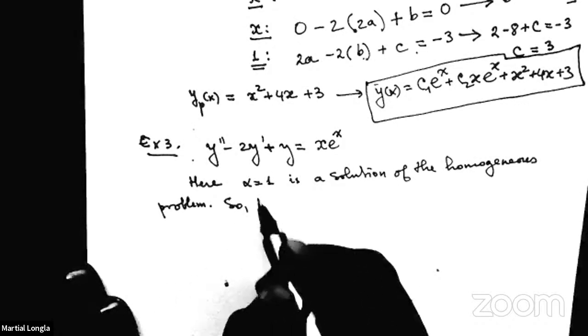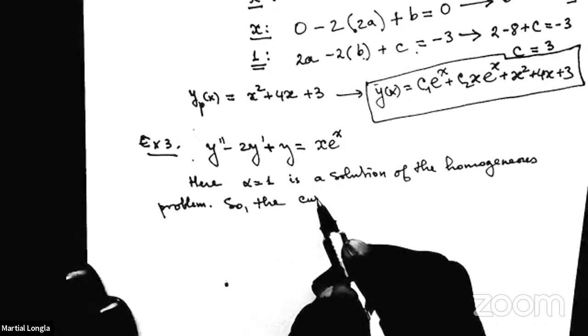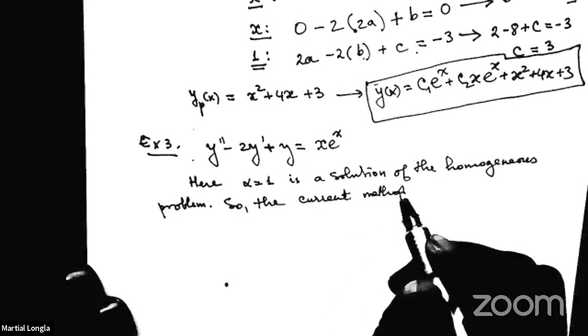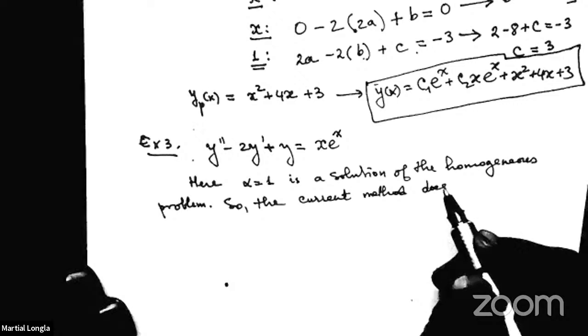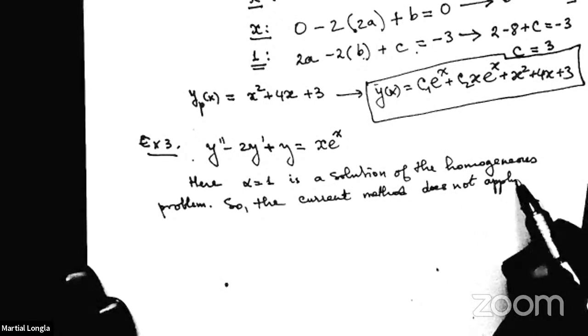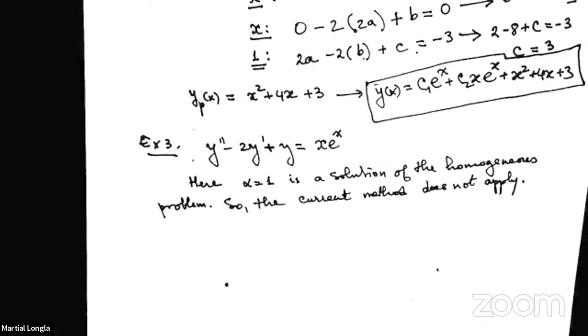So the current method does not apply. If you don't check that condition and you go ahead and apply this method on it right here, what we just did, you're going to get it wrong.